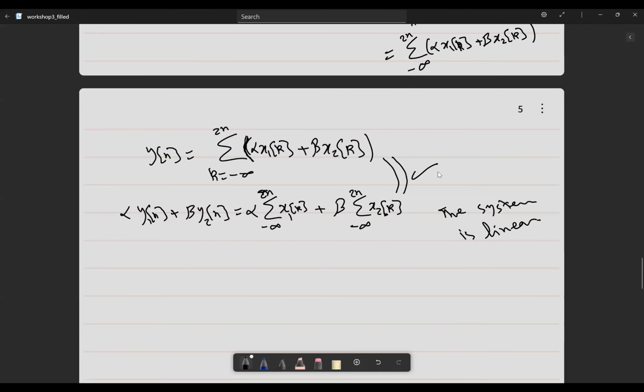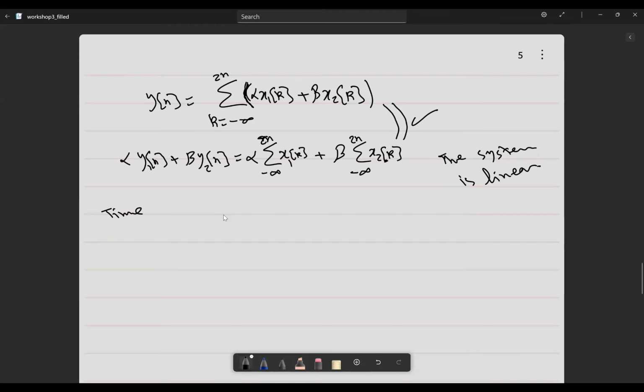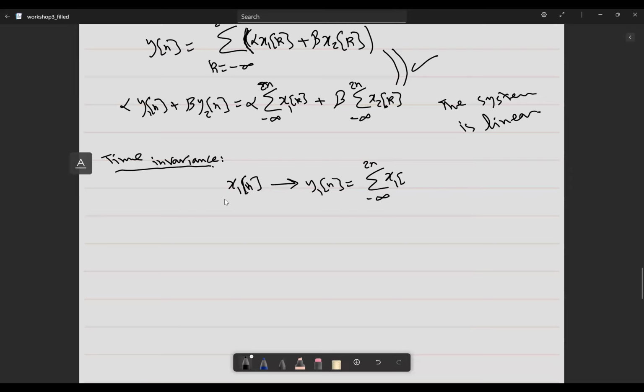Time invariance. As we did before, let's assume we have x1[n] that will produce y1[n], which is the summation from minus infinity to 2n of x1[k]. And then let's assume we have another signal x2[n], which is just x1 but time shifted.